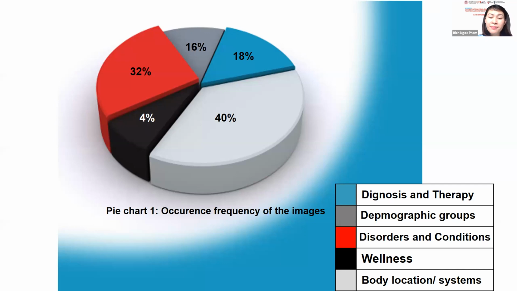A smaller amount of occurrence frequency are diagnosis and therapy and demographic groups, including men, women, children, and adult populations and groups. And the images of wellness account for only 4%, with information on fitness and exercise.